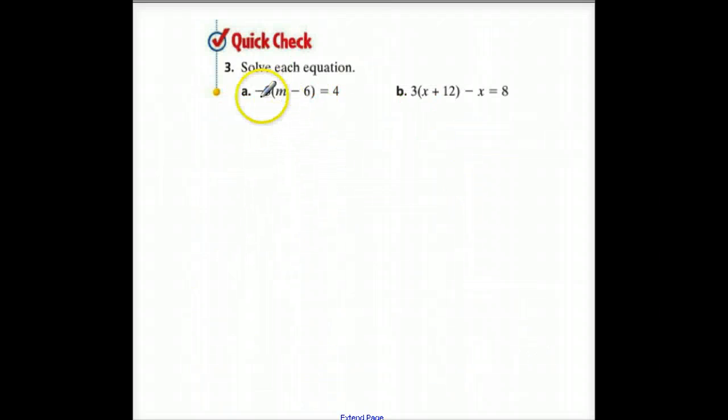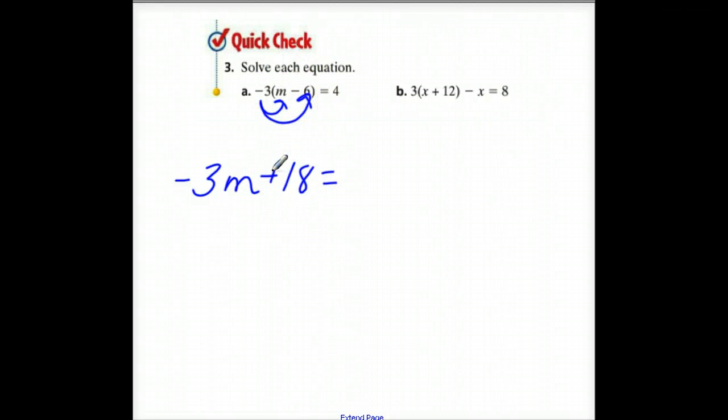All right, let's do one more example. Distributing the negative 3 to all parts in the parentheses. Negative 3 times m, negative 3m. Negative 3 times negative 6, I'm looking at the sign in front of the number, is a positive 18, and that's equal to 4. Now I have a two-step equation. Subtract my constant.